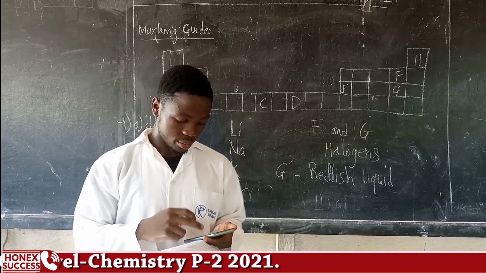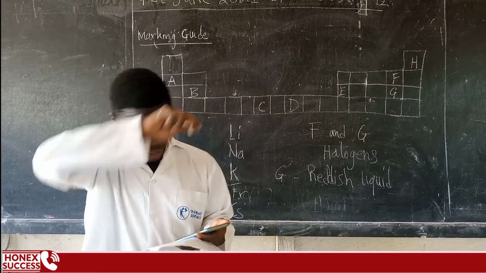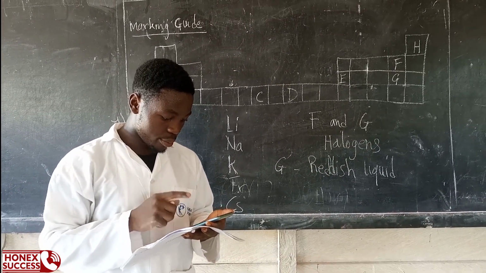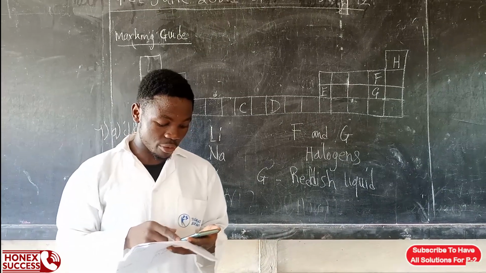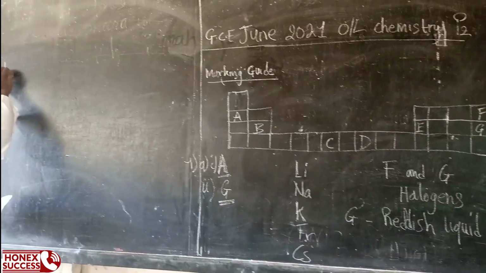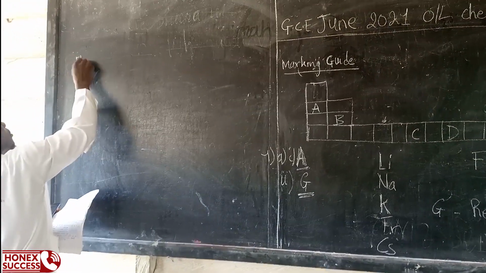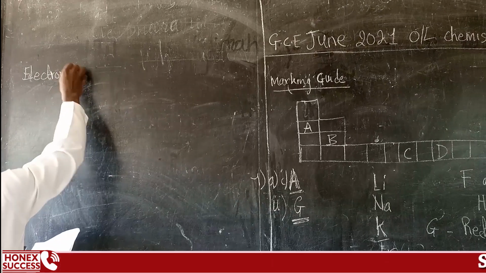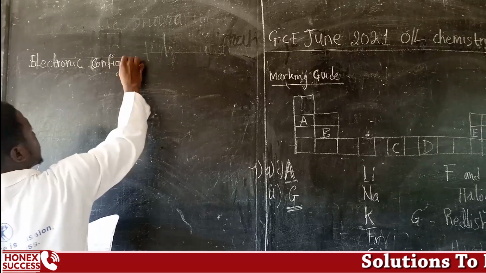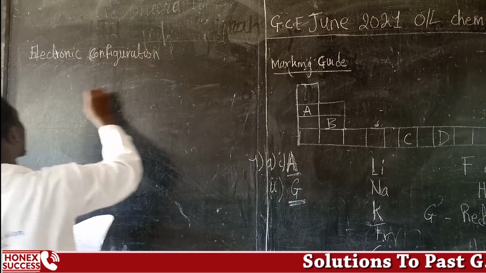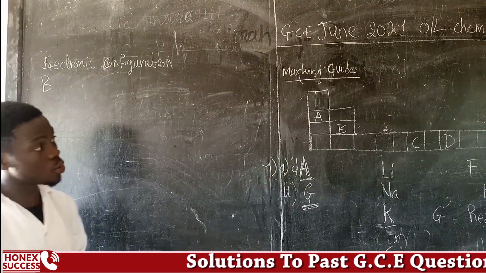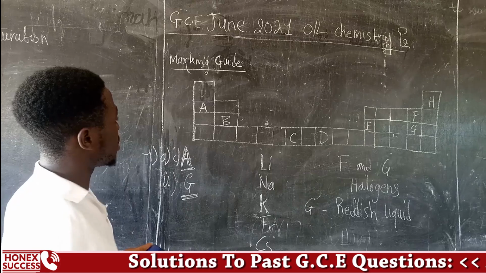So question B, number 1B, it says we should write the electronic configuration of B. Before writing the electronic configuration, let's come back to our periodic table.